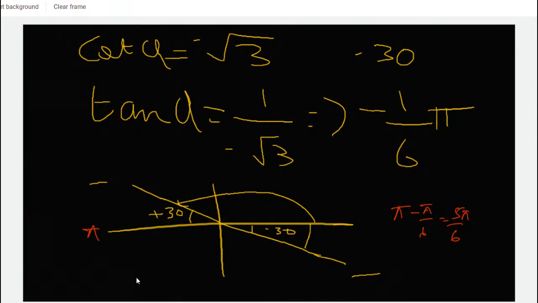And then after this there would be another, which would be the whole thing. And this one will be equal to 2 pi minus pi by 6.